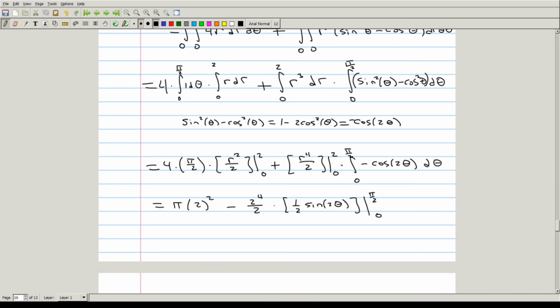So when we evaluate this at the endpoints, this is going to end up being 0 minus 0, so this entire thing is 0, and we're left with the answer of 4 pi.